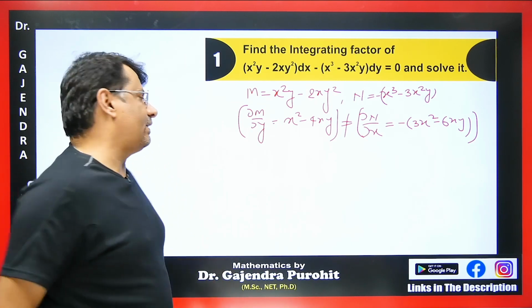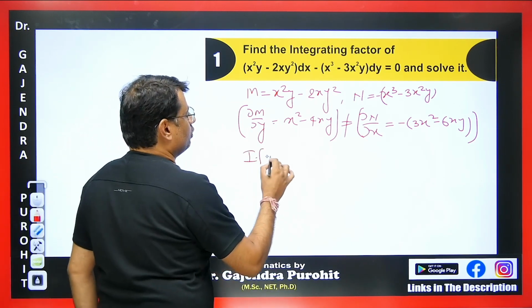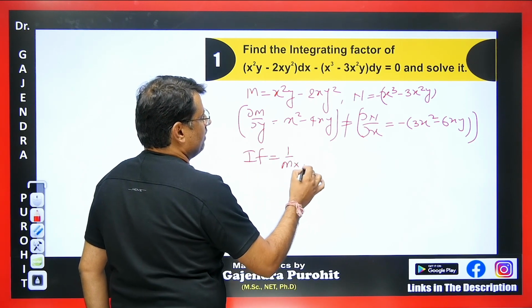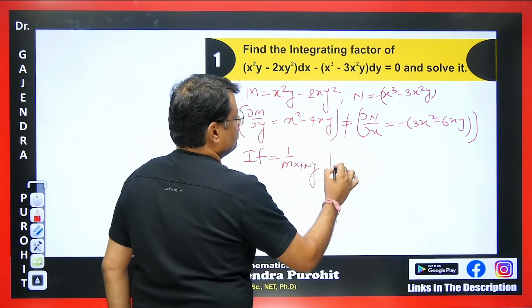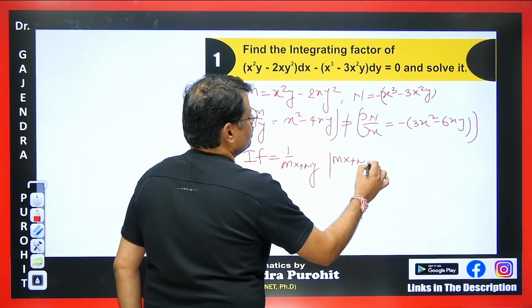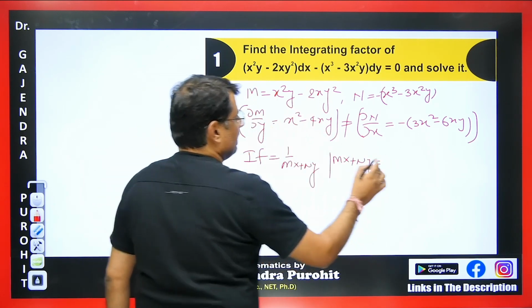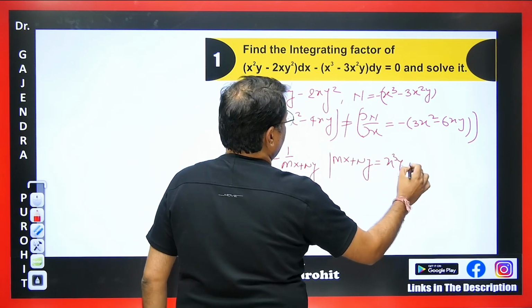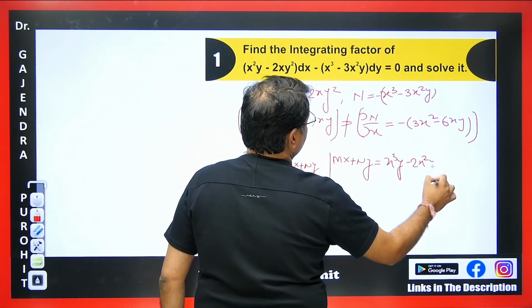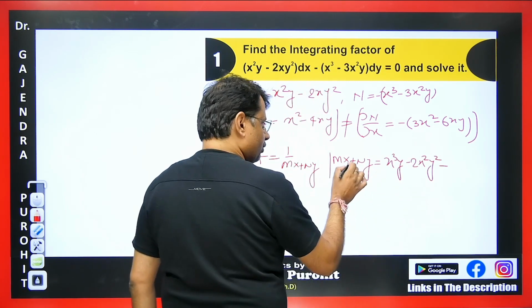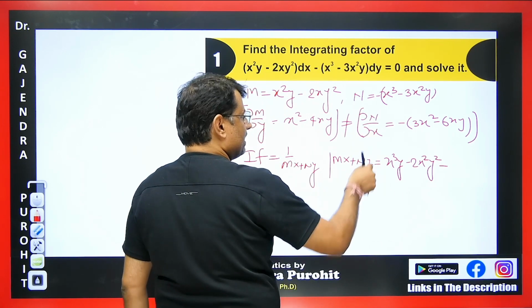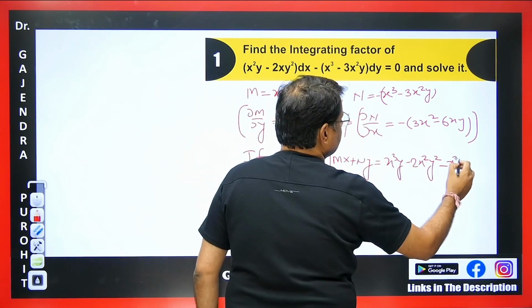We will calculate the integrating factor here. Its integrating factor is 1 upon Mx plus Ny. What will we do? We will multiply the value of this M by x here, and then we will get x cube y minus 2x square y square. Wait, this is a plus, but here minus. We will multiply with y, so we will get x cube y.